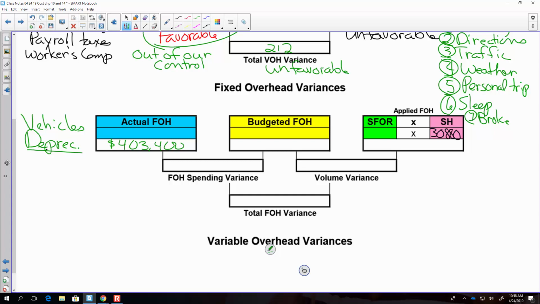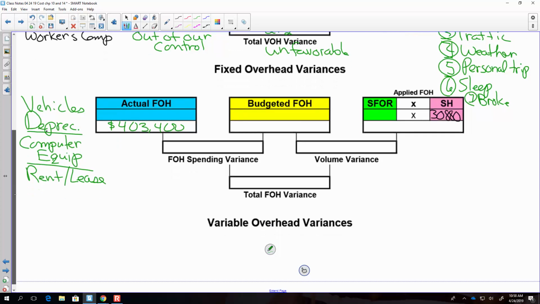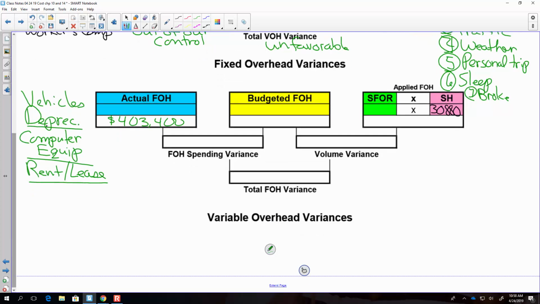Equipment. Yeah, maybe computer equipment. I'm sure they've got some kind of reservation system. What else? Rent or lease, right? Maybe we lease our vehicles. Maybe we rent our building. Maybe we don't have a contract. What else? Supervisor salary.